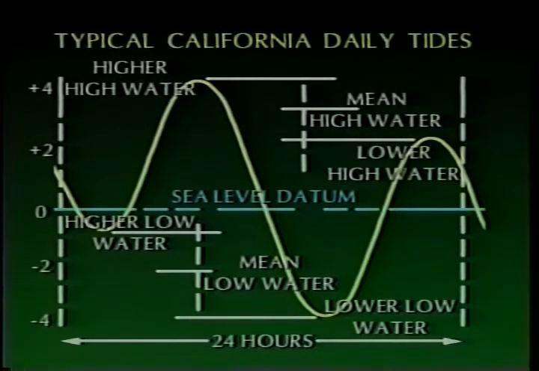Now, our tides in California are a mixed type of tides. We have 2 high tides and 2 low tides every day. And over a monthly cycle, the high tides get higher and the low tides get lower. And so, if that's the case, how can we locate that line on the ground?